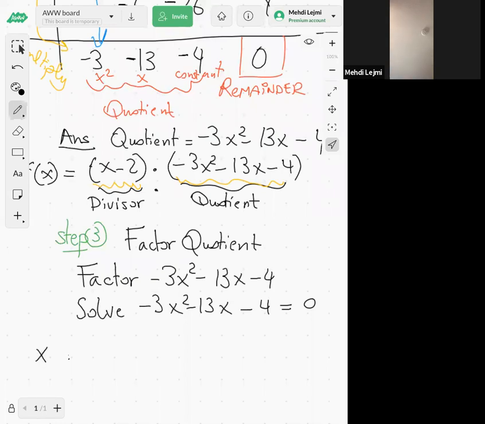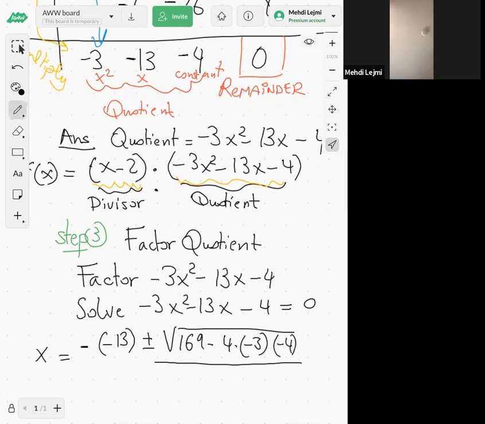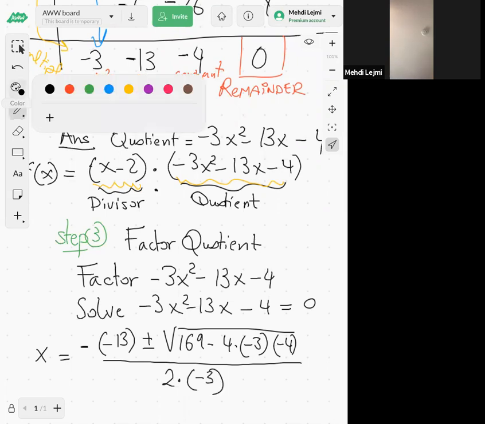So my x would be minus negative 13 plus or minus the square root of negative 13 squared, that's 169, minus 4 times a times c, over 2a, 2 times negative 3. Negative 3 times negative 4 is positive.